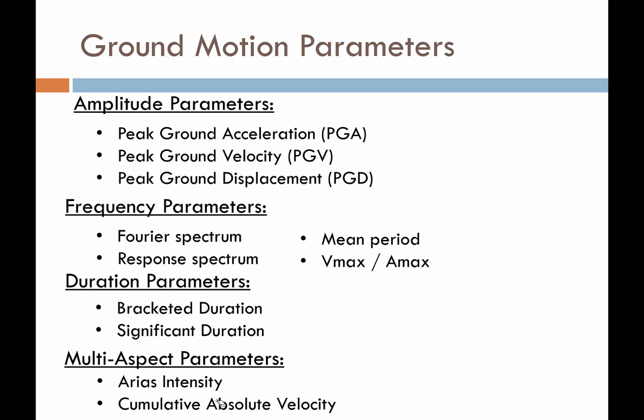So some of these parameters, cumulative absolute velocity is very similar to the Arias intensity. It's also measuring the area beneath the curve of the time history. And so these ground motion parameters are often called, what's the term? Evolutionary ground motion parameters, I think is what they're called.